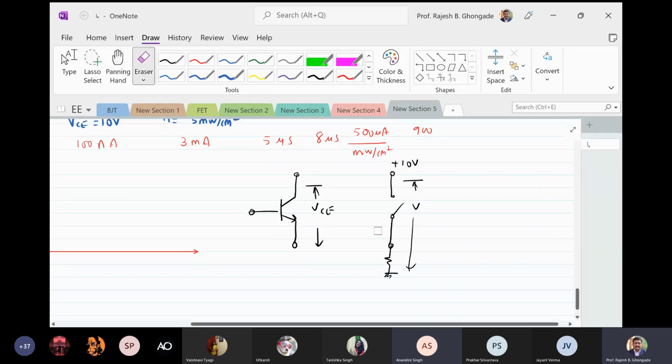Let us only concentrate on whatever is across the device, that is, here. What will be the voltage here, guys? It will be equal to the entire voltage, 10 volt. Now, if I close the switch, what will be the voltage across the device? Yes, it will be equal to 0. Are you getting it?